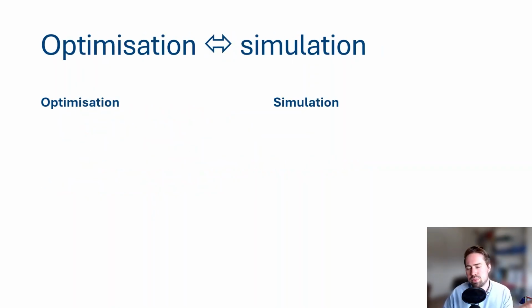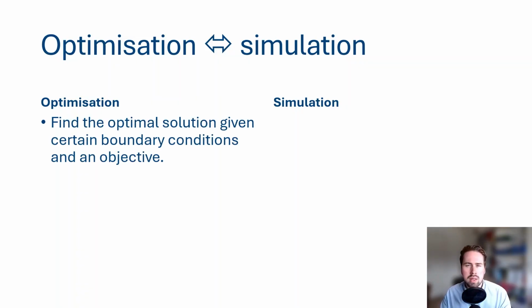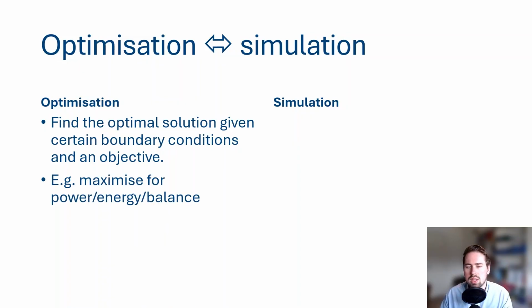So what's the difference between optimization and simulation? It's a rather subtle difference, but it's an important one. So when we are going for an optimization strategy, what we want to do is find the optimal solution given certain boundary conditions and an objective function. So in GHEtool, we maximize for either the power, the energy, or the balance.